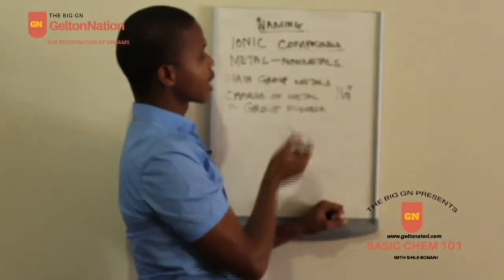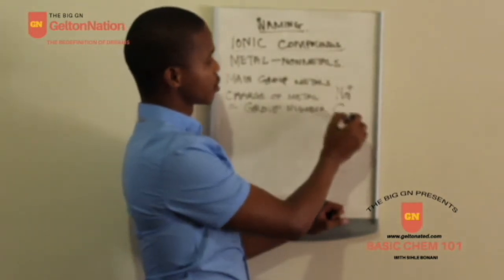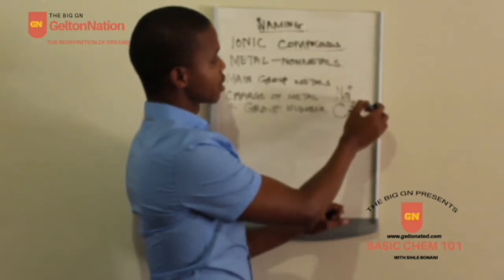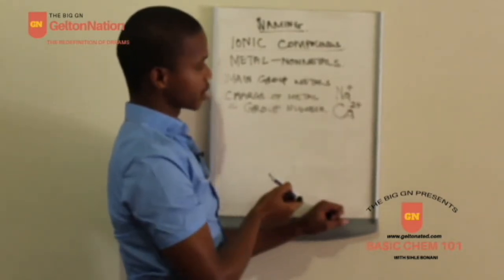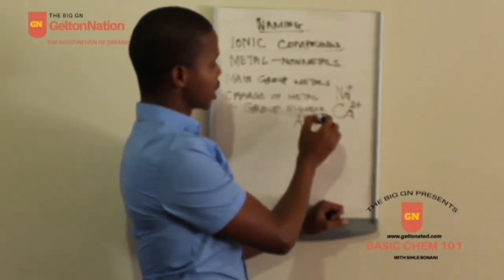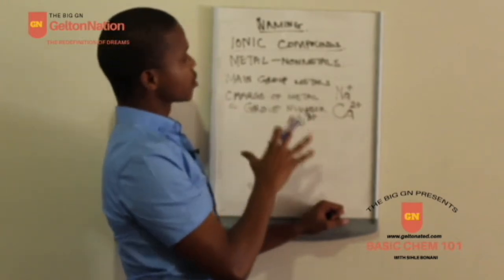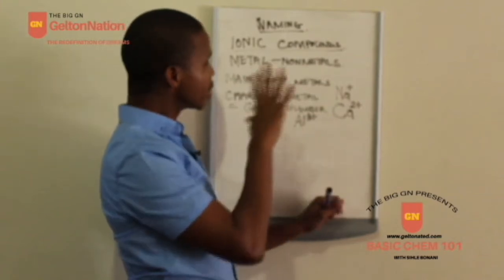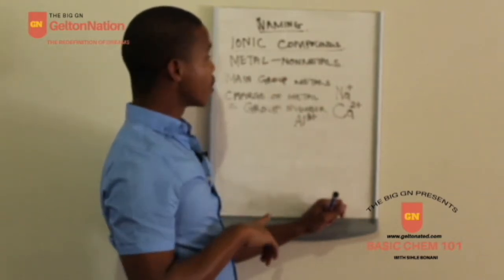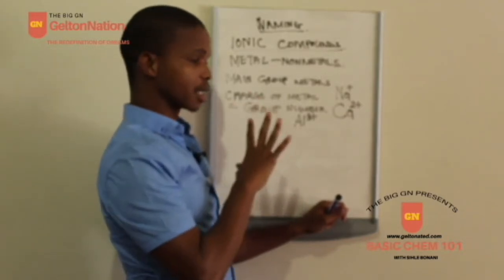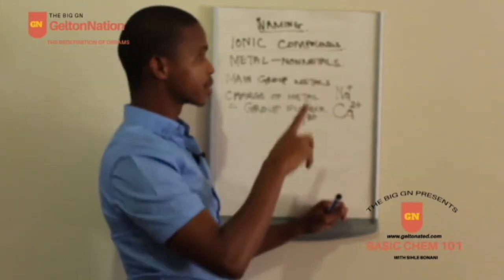Calcium is in group 2, so calcium would usually be Ca2+. Aluminium is in group 3, so it will usually be Al3+. Those are your main group elements. If you don't know main group elements, go to our video on the periodic table. We will link it up.